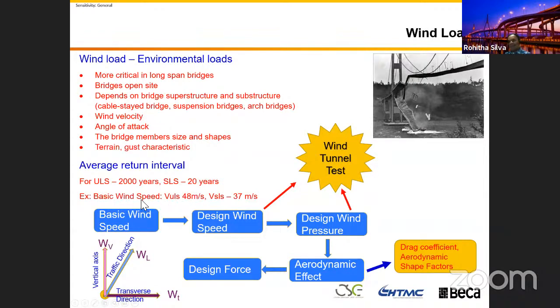But you can see the basic wind speed we started with. For the ultimate limit state it is 48, and the corresponding one for serviceability is 37. You know the wind pressure is always proportional to V squared.